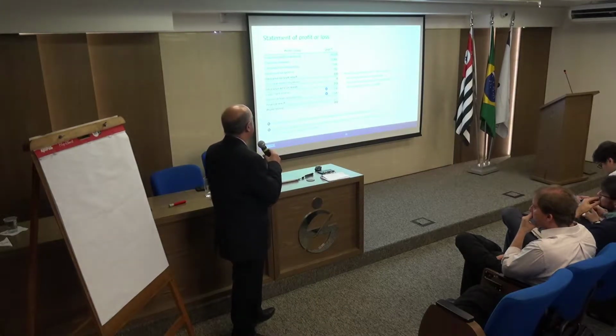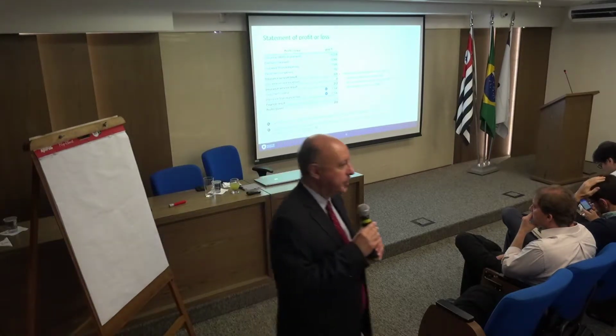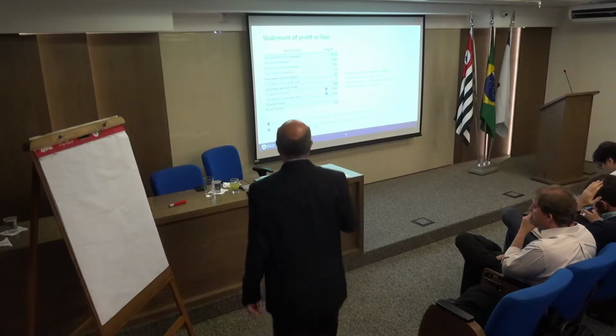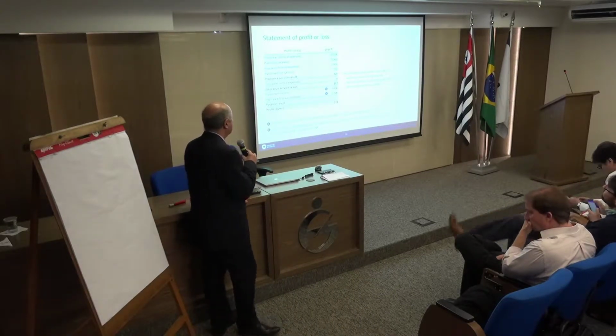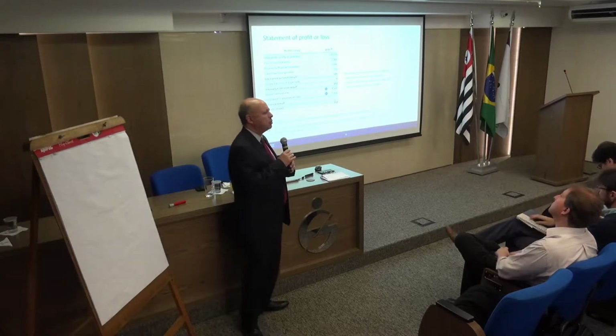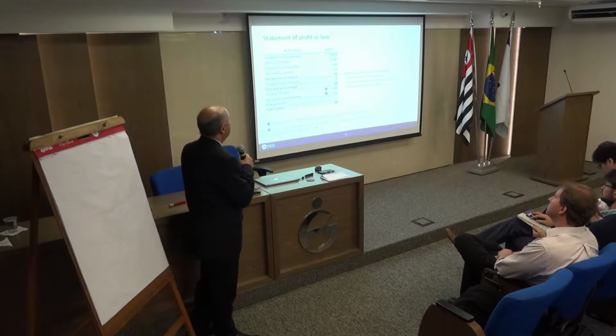What happens next? Well, this is from the table below. Then we have to put together the statement of profit and loss, and look at how it is constructed. We have two pieces. We have the insurance service result, and then we have the finance result.